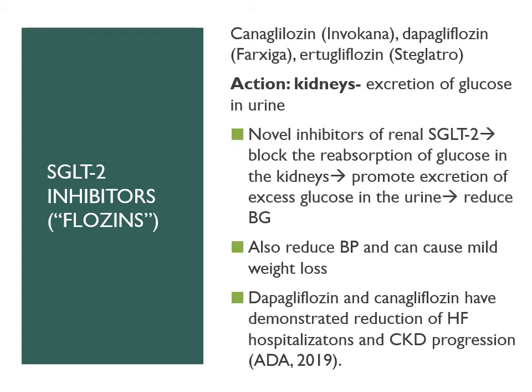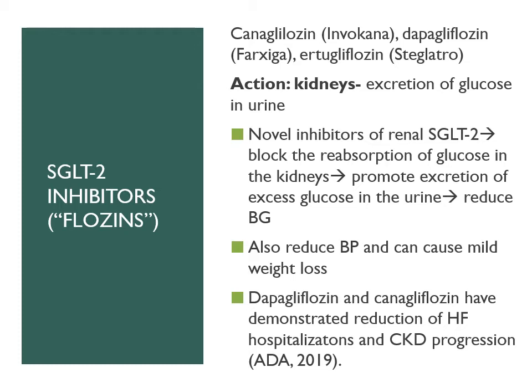So they're novel inhibitors of the renal SGLT2, which causes a blocking of the reabsorption of glucose in the kidneys and promotes excretion of excess glucose in the urine. So that's how it reduces blood glucose. So you do see more glucosuria with this. We'll get to side effects, but that's the reason we have some side effects here.